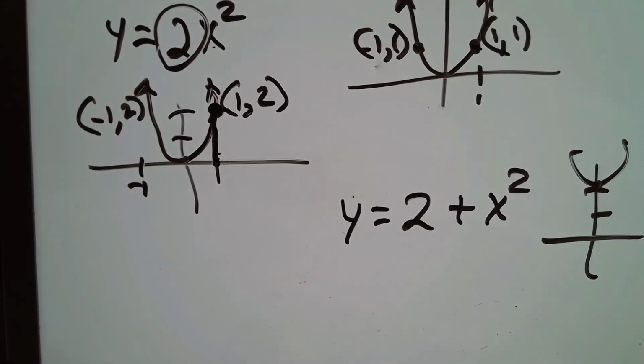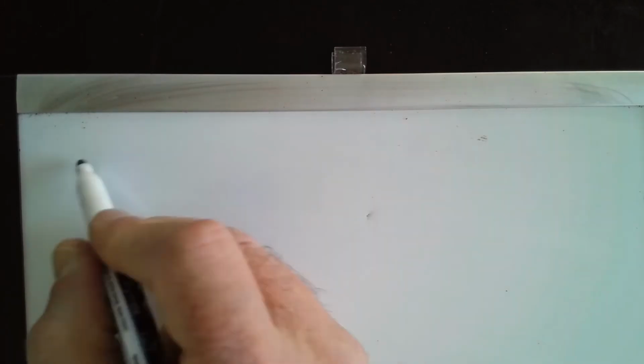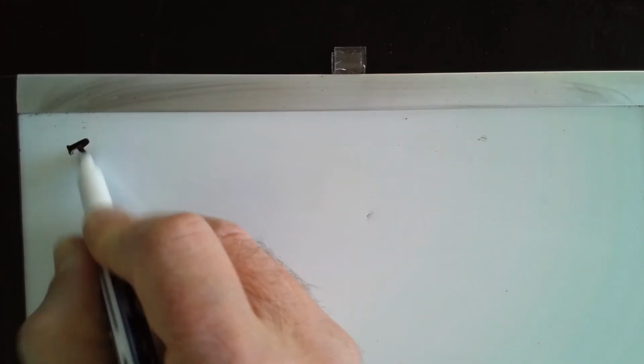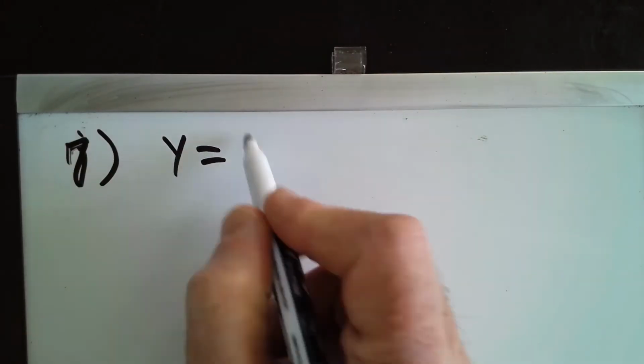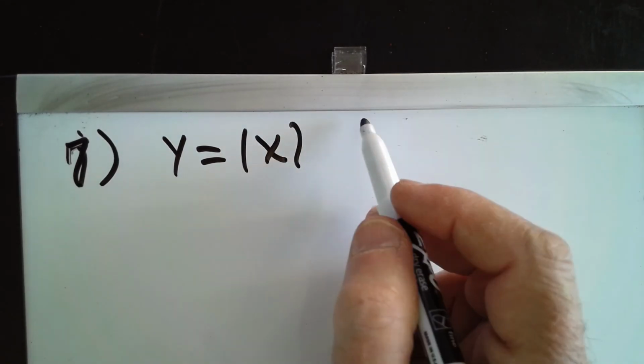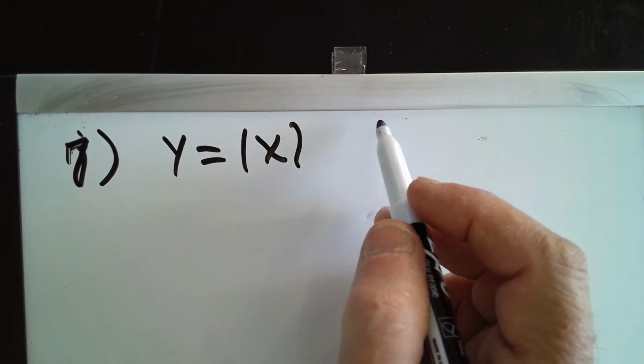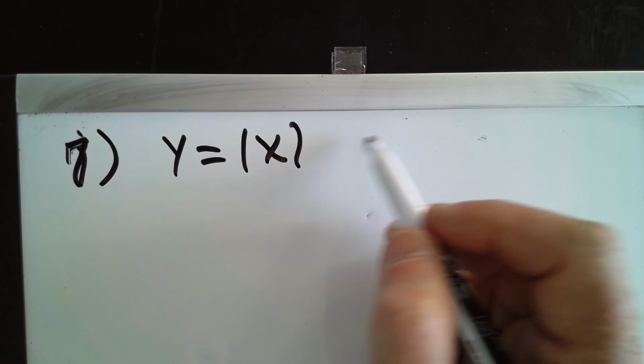So basically, it helps to write down on scratch paper. You've got, this is 7. You've got y equals 2 the absolute value of x. And so we're going to shift right 3, stretch it by a factor of 3, and down 2.